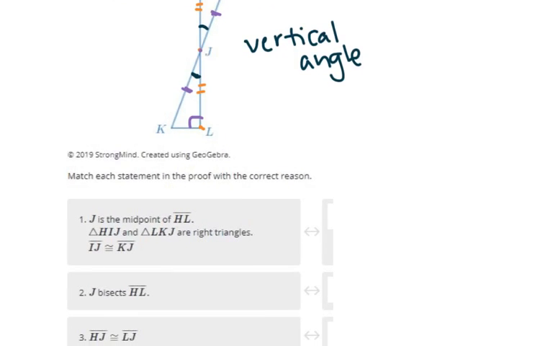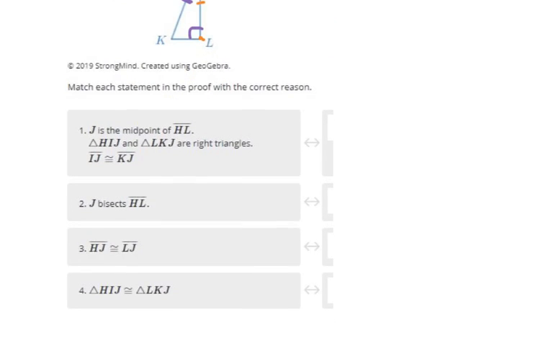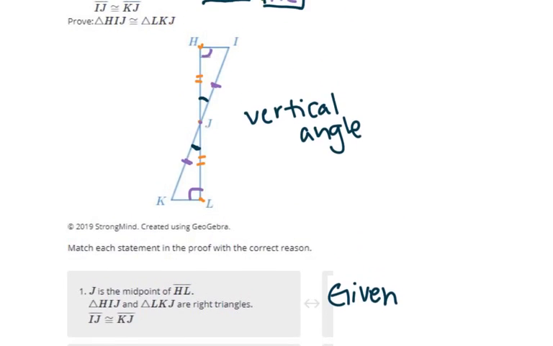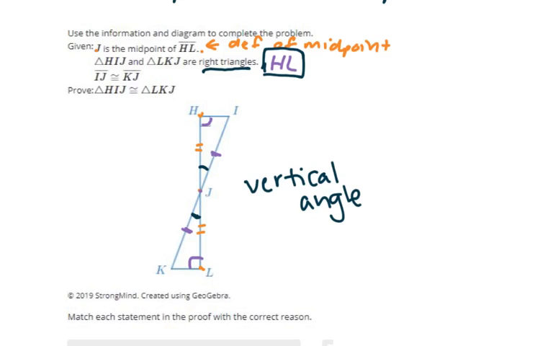So let's go down here and look at the proof. The first thing is going to be given. Because you could totally write side, angle, side. We actually could use side, angle, side with what we're given, but we'd have to also use vertical angles. So we have hypotenuse leg, which is what this proof uses. And then you said angle, angle, side: you could do that because there's this angle and that angle and then that side.